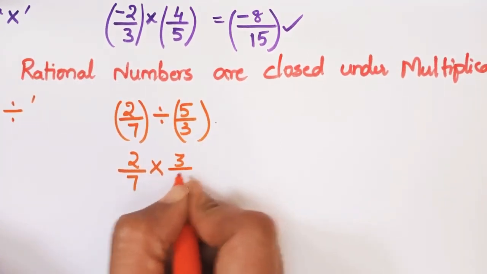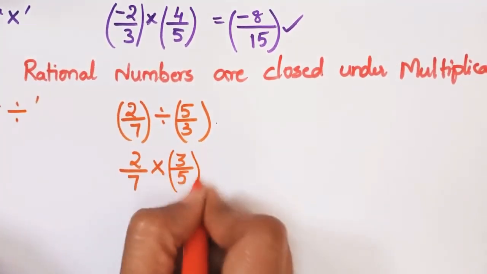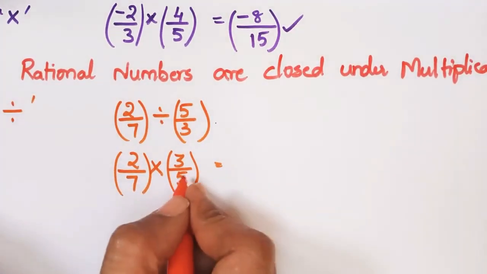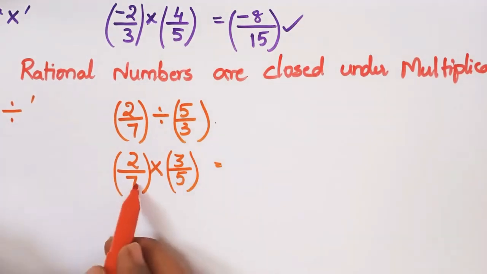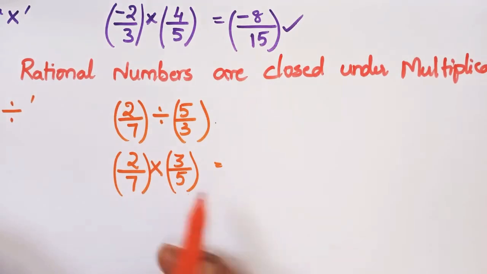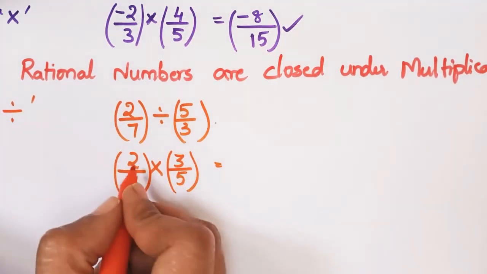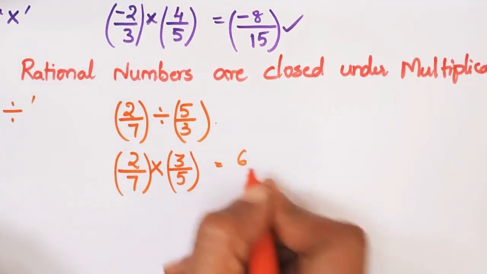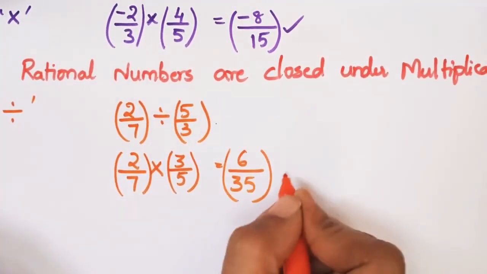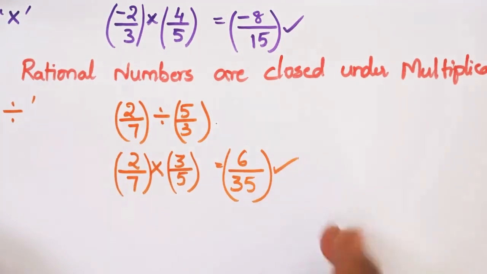It will be 3 by 5. Now you can multiply them directly. If you can cancel off anything, you can do. But here I don't see any cancellations possible. So we will directly multiply. 2 into 3, 6 by 7 into 5, 35. Is the 6 by 35 a rational number? Yes.